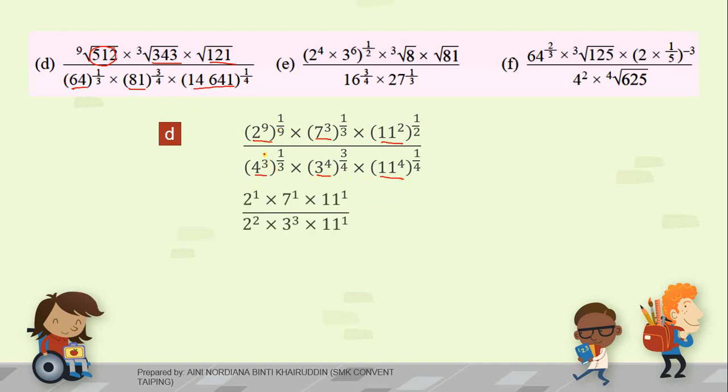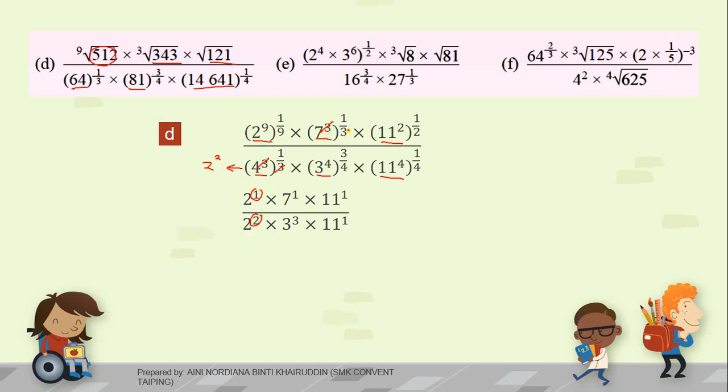Okay, for this one, when you simplify 3 here, you'll get 4 to the power of 1. 4 to the power of 1 is actually 2 square. Why did I change to this? Since the numerator here is base 2, I change this to base 2 so that we can subtract the index.